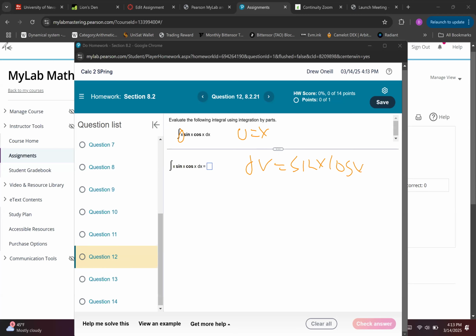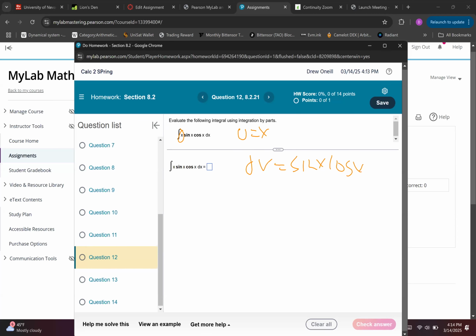Okay, let's see. I think that should work, unless they do it opposite, unless they say that's b. But sometimes you have to try. If this doesn't work and you feel like it goes in circles, then try the other one.